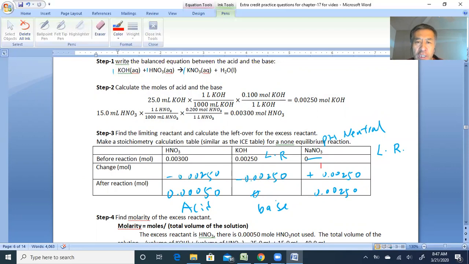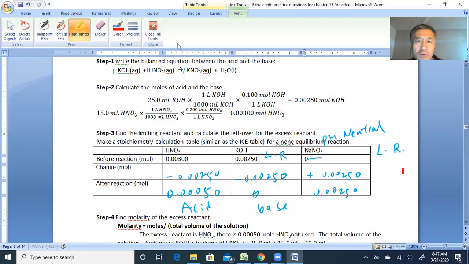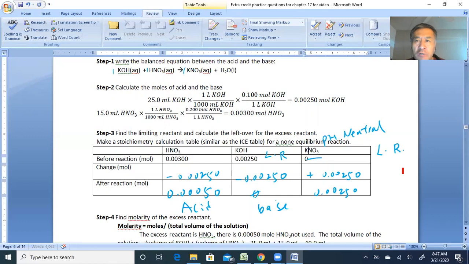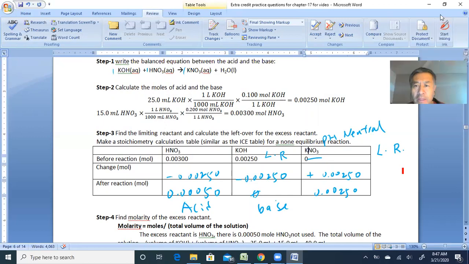For the products, again, it does not matter because the product is pH neutral. So there's a typo here. Just for completion of the problem, we want to see how much of the product is produced.